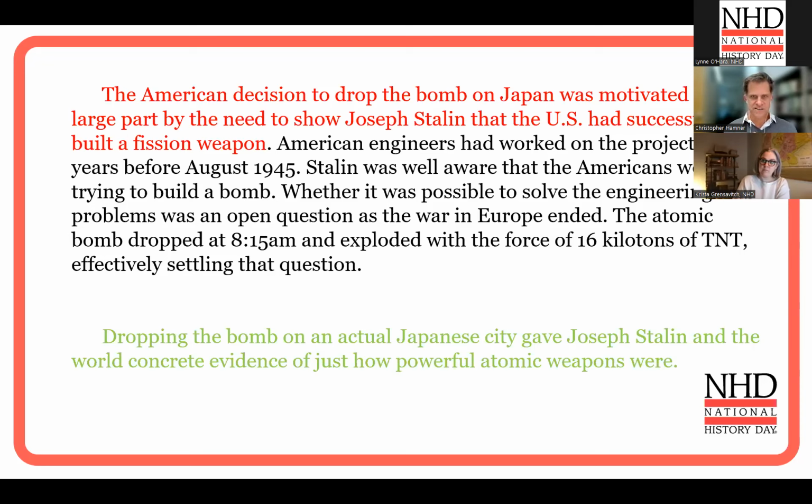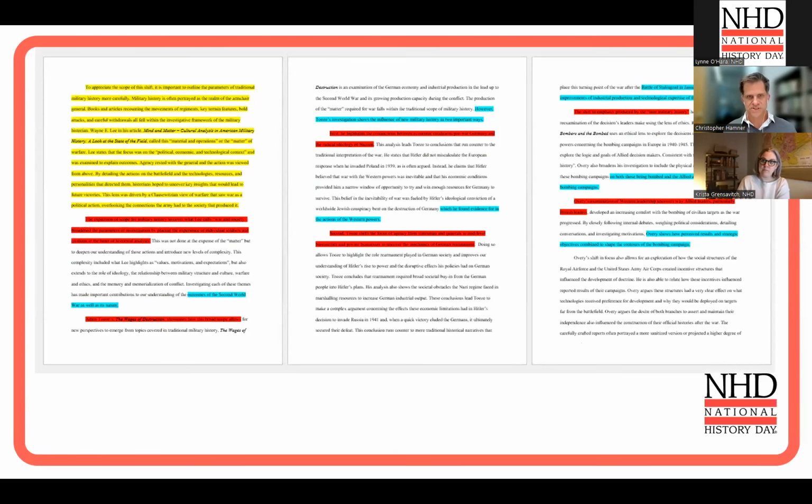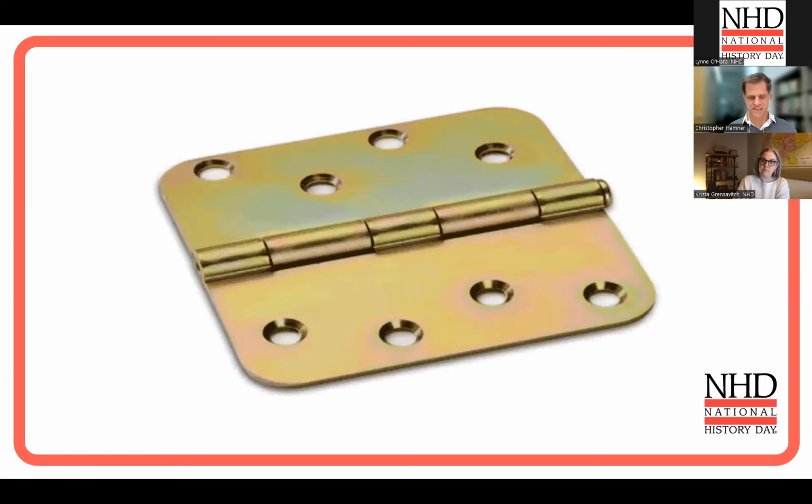But the jump between the information about the 8:15 a.m. detonation and its force and the next sentence is a little abrupt, right? And this is the function of the topic sentences that you can see here tinted in light blue, to guide your reader from one idea that is in one paragraph and ease them into the next idea.